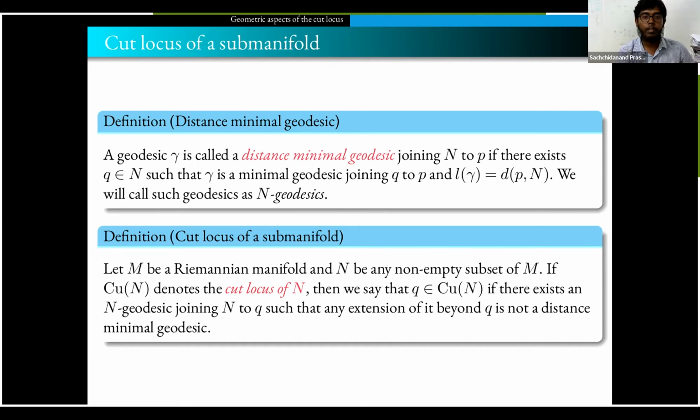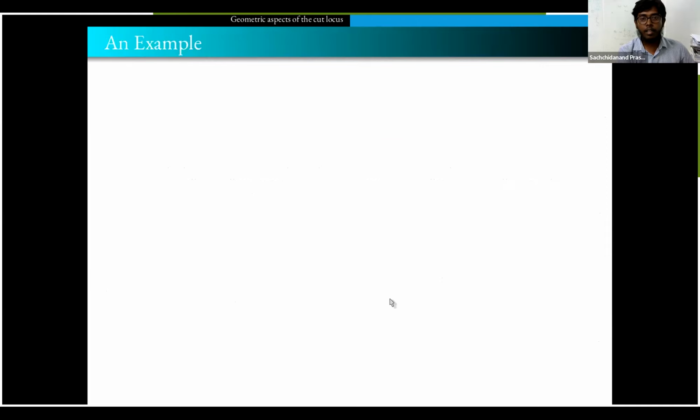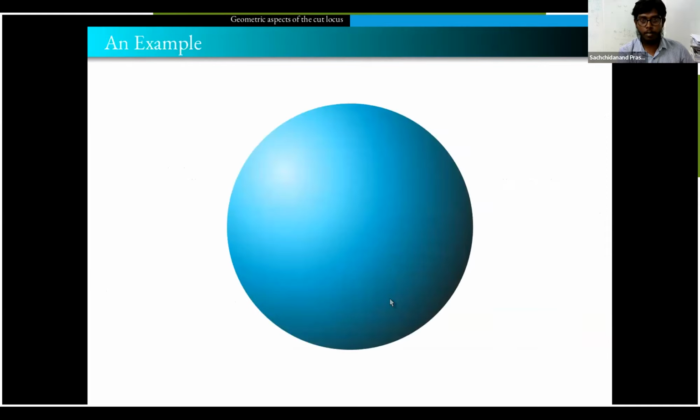For example, consider the sphere, and let's say we want to find out the cut locus of the equator. Recall that the geodesics of spheres are great circles.